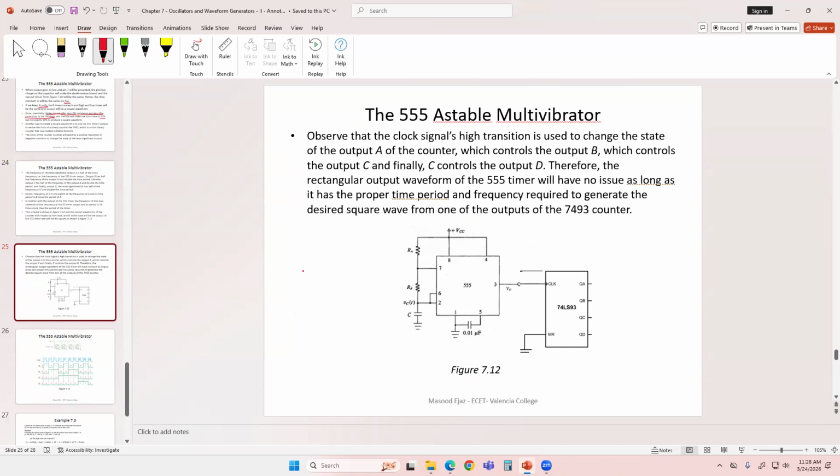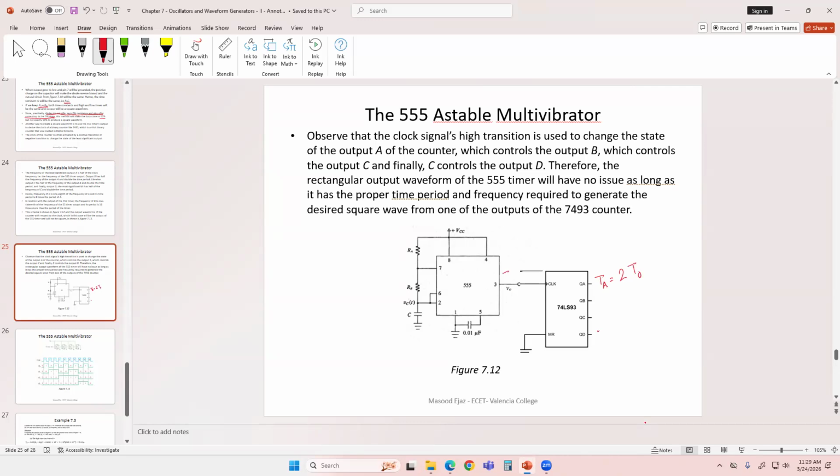And you have QA, QB, QC, and QD, 4 outputs. The time period of QA, which is TA, is double the time period of the clock, if I remember correctly, 2 times T out.